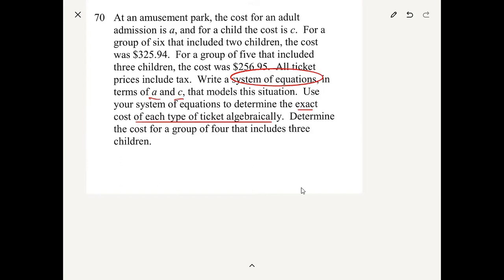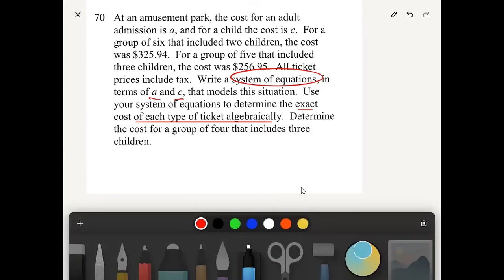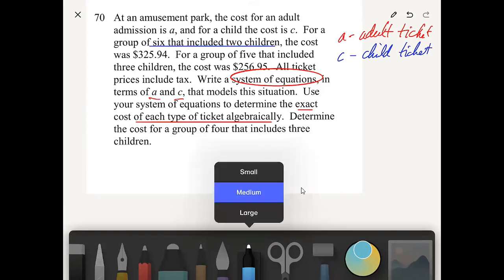So very first thing, let's write this down. This is the adult ticket, and this is a children's ticket. It says for a group of 6 that includes 2 children, so this is what you should be doing.